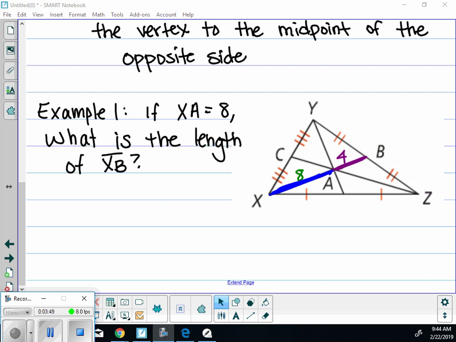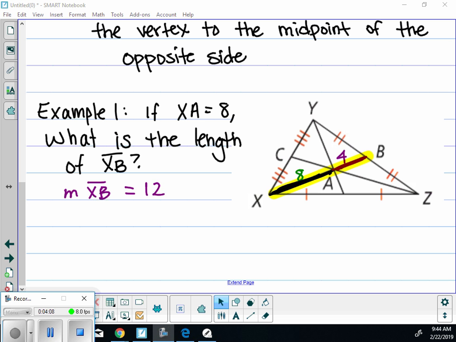The question is, what is the length of XB? So we have to identify what is XB. So that's that whole thing. So the measure of XB is 12.